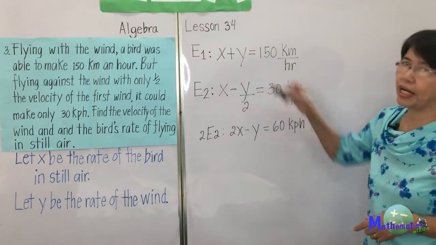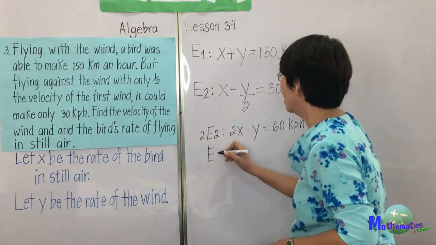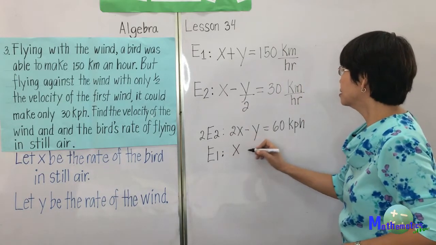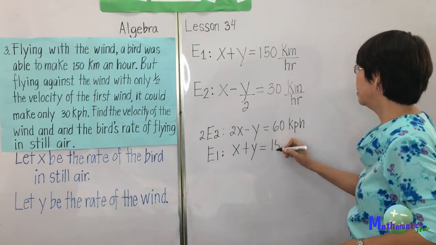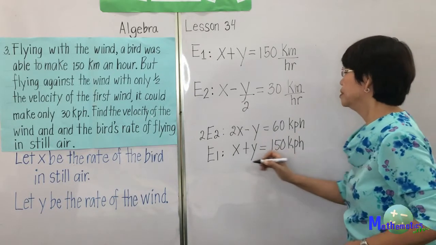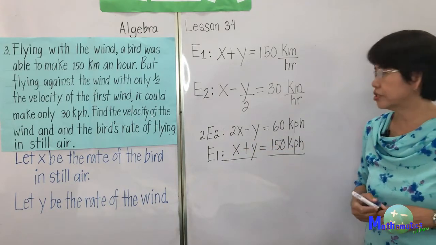And we will combine equation 1 here. Equation 1, just copy x plus y equals 150 kph.